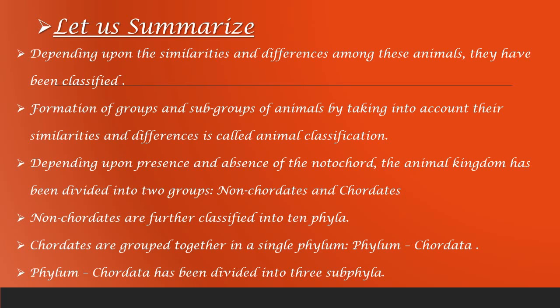Depending upon presence and absence of the notochord, the animal kingdom has been divided into two groups, that is non-chordates and chordates. Non-chordates are further classified into 10 phyla and chordates are grouped together in a single phylum, that is phylum Chordata. Further, phylum Chordata has been divided into 3 subphyla.